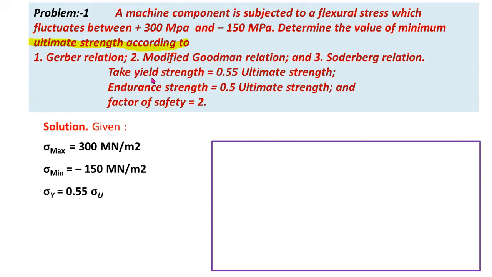And here take yield strength. Yield strength means yield stress, sigma y equal to 0.55 times the ultimate stress. So sigma y equal to 0.55 sigma u. And endurance stress sigma e equal to 0.5 times the ultimate stress, so sigma e equal to 0.5 sigma u, and factor of safety fs equal to 2.